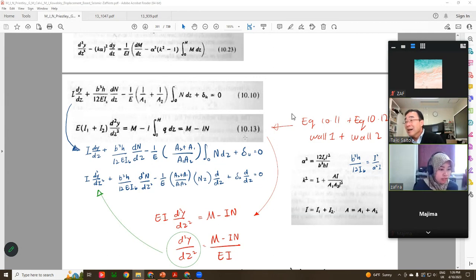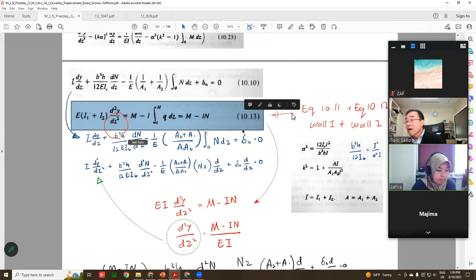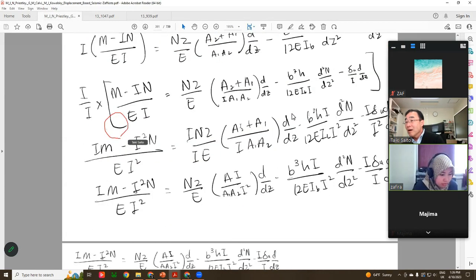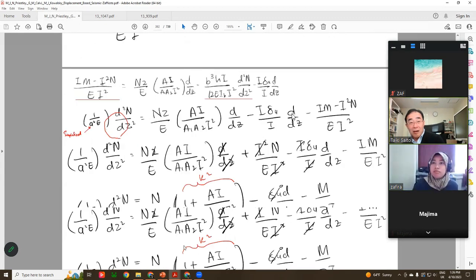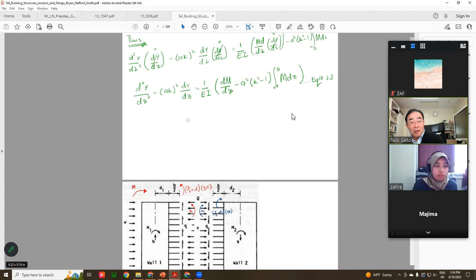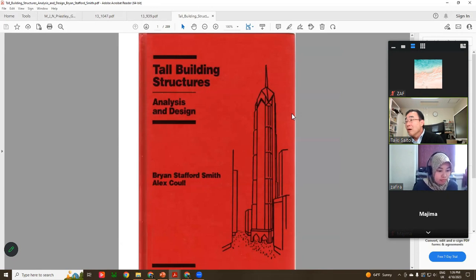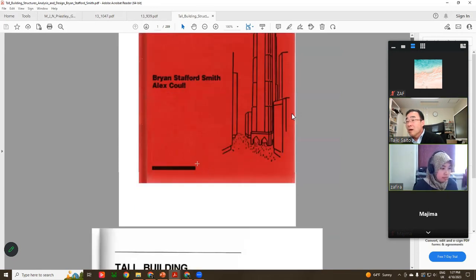This one, 13. Let me open the book. I think this is page 227.